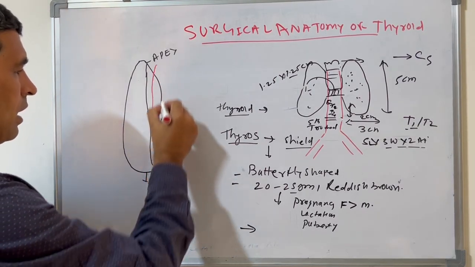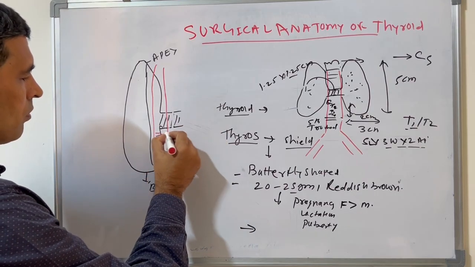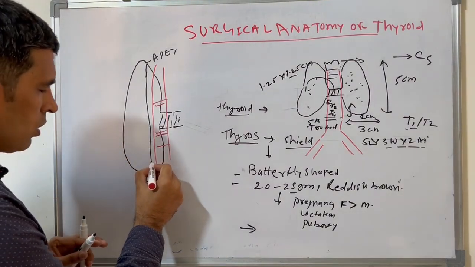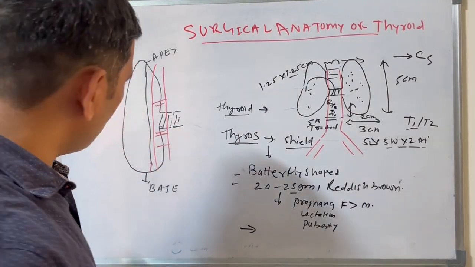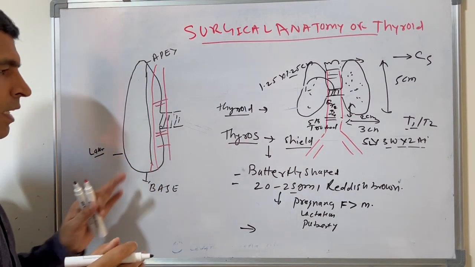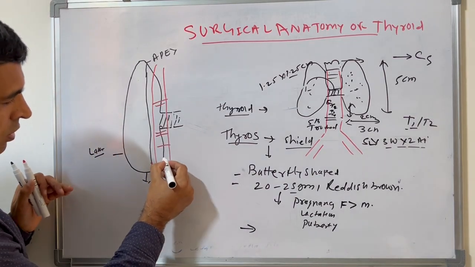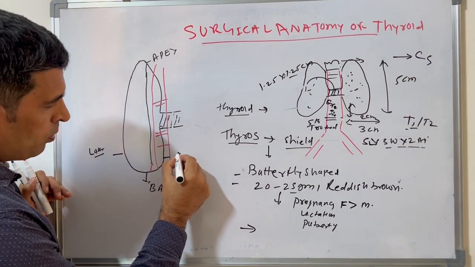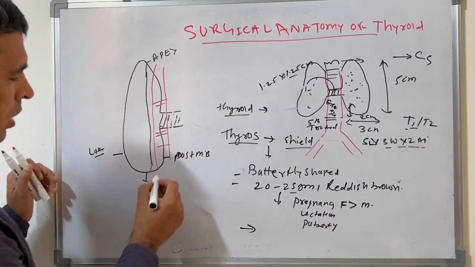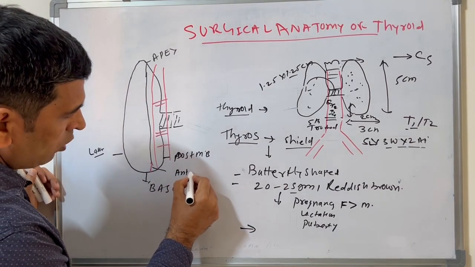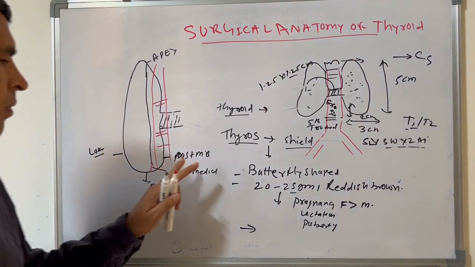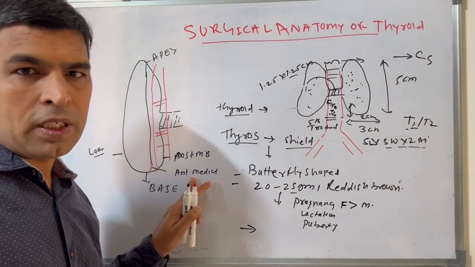So this forms three borders: the lateral border, the posteromedial border, and the anteromedial border.